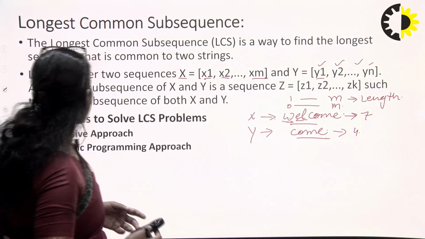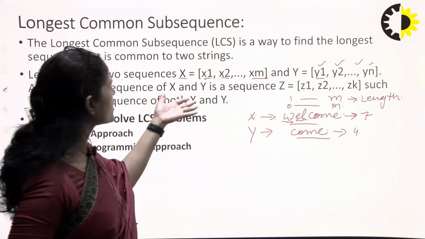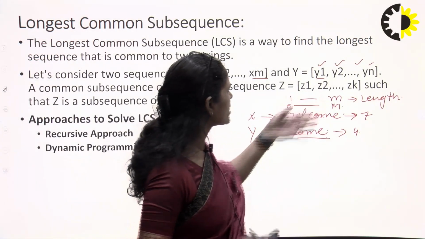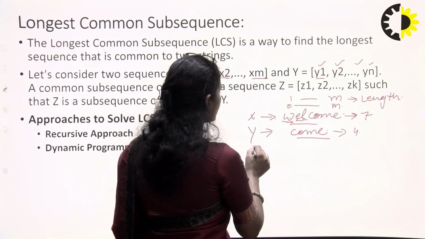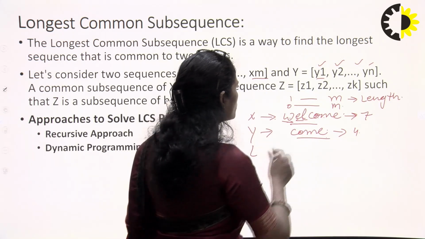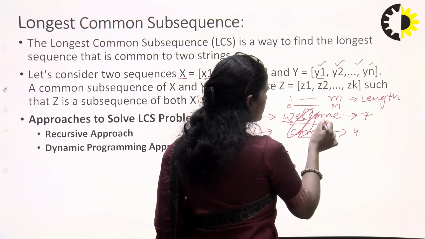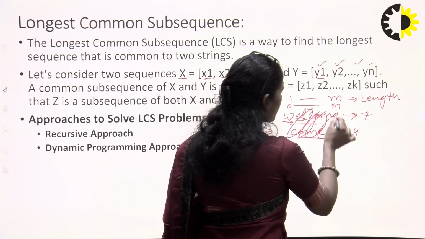Next, the common subsequence of X and Y is called Z, with elements Z1, Z2, and so on. Here we have the common characters.